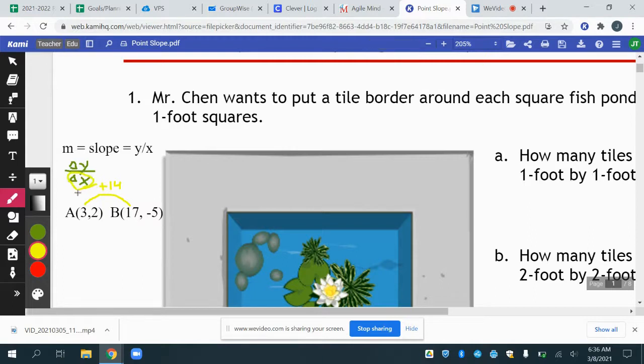X goes up by 14. And then if I have 2 and negative 5, well, I find out that that goes down by 7.